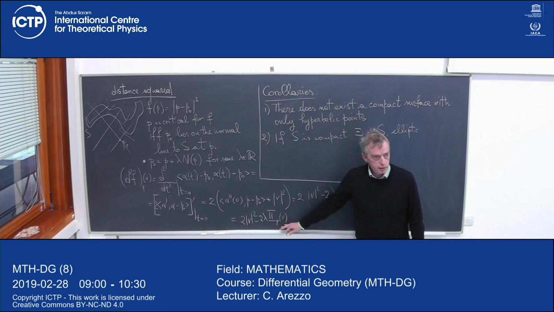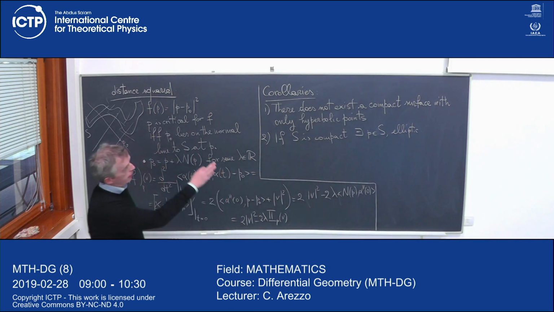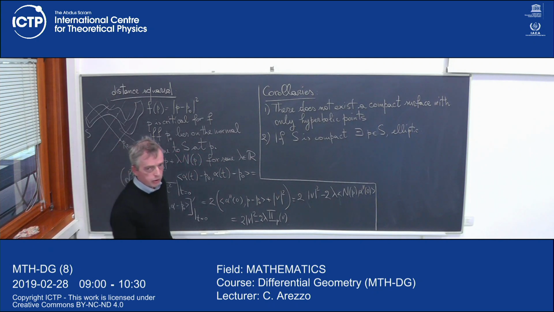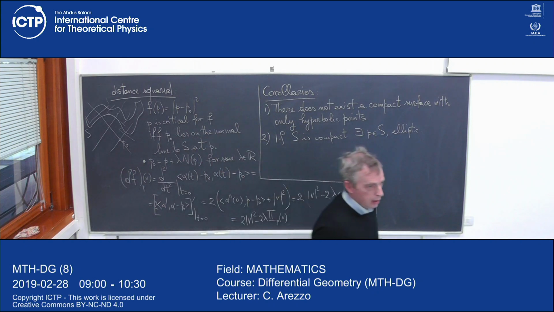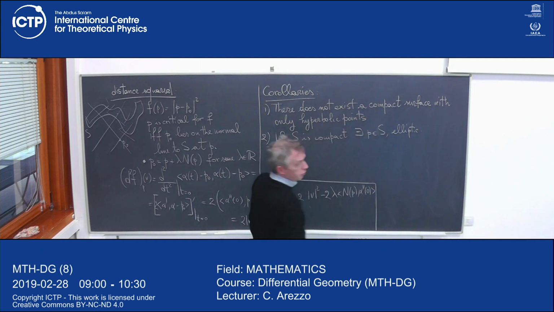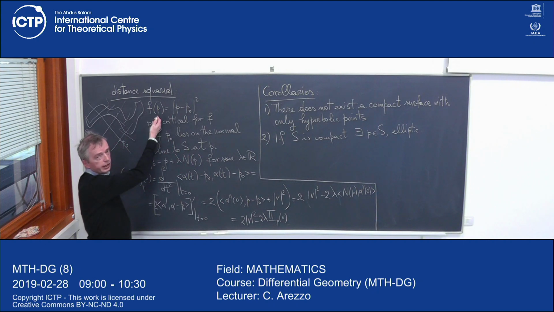This is, of course, the key computation. Plus, let me give you a hint, which is the critical hint. And why is there this compactness assumption? Well, on a general surface, you don't know whether there are critical points for this function. So this is topology at work. I put the compactness assumption just to be sure that a differentiable function has at least two critical points, a minimum and a maximum.